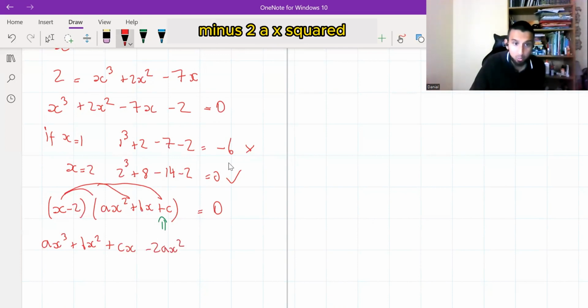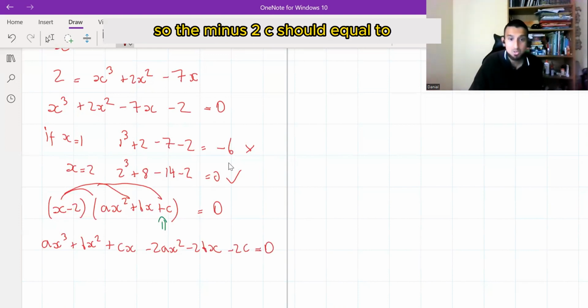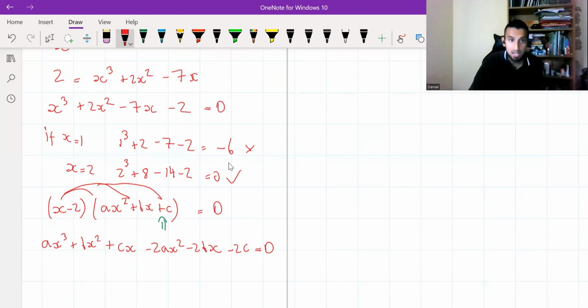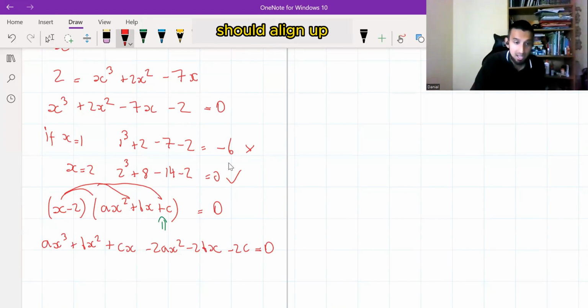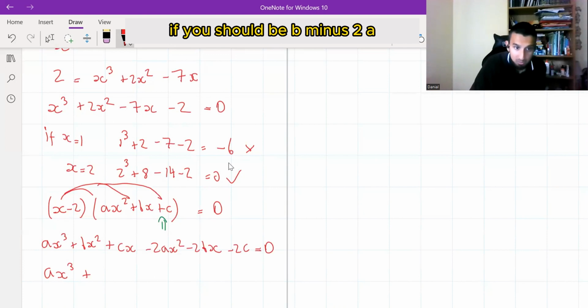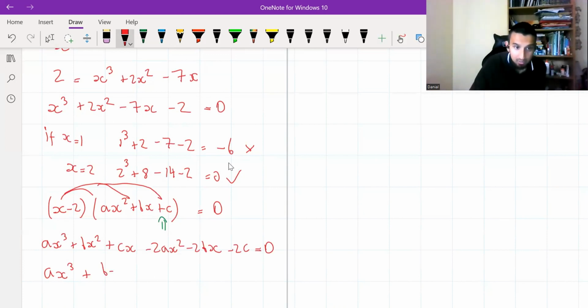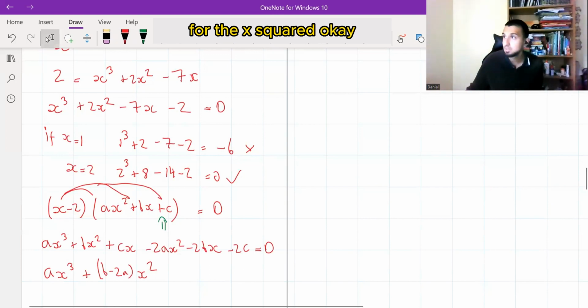Minus 2ax squared minus 2bx minus 2c equals 0. All the parts here should line up. So ax cubed, and then for the x squared, it should be b minus 2a.